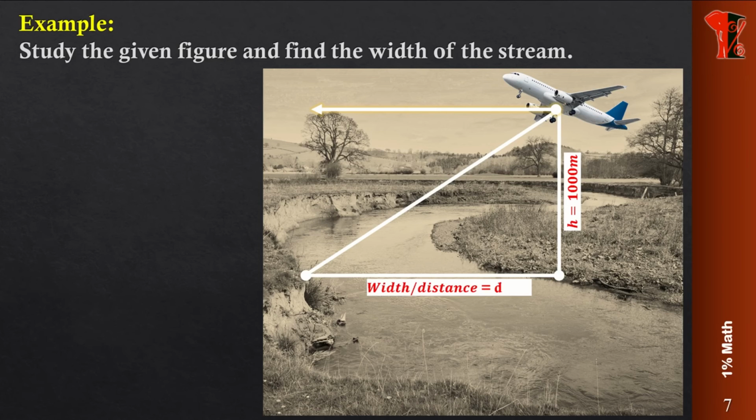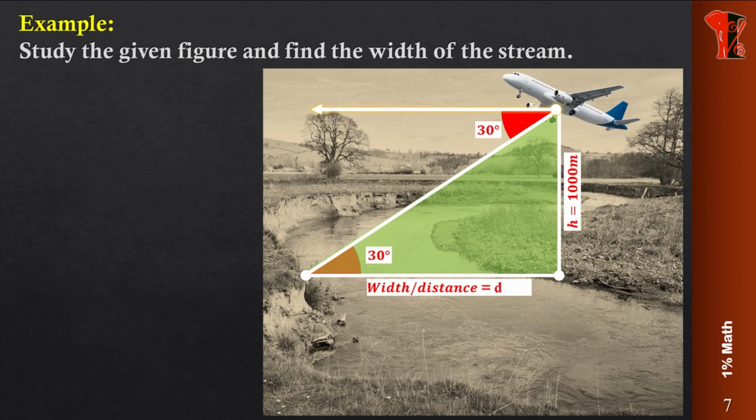his line of sight. Where the angle has formed, over here, we will consider that angle as 30 degrees. Now we know that the horizontal line is always parallel to the ground. So this angle is going to be 30 degrees. Now you can see these two angles are equal. They are alternate angles. Now we got a right angle triangle.